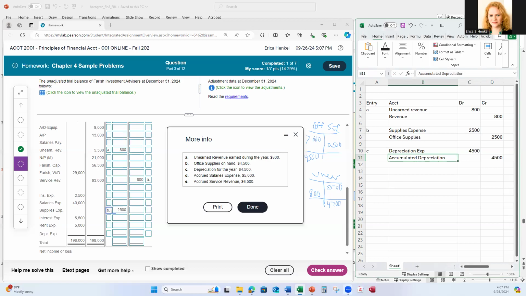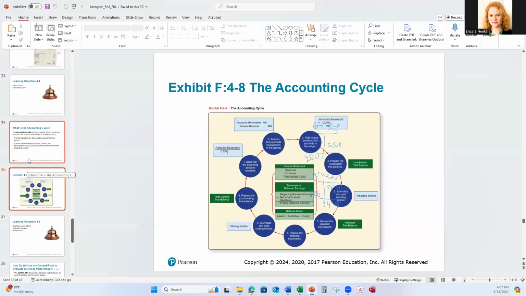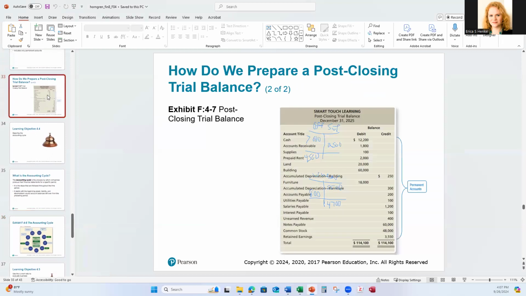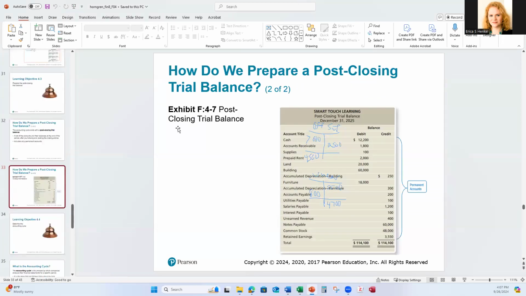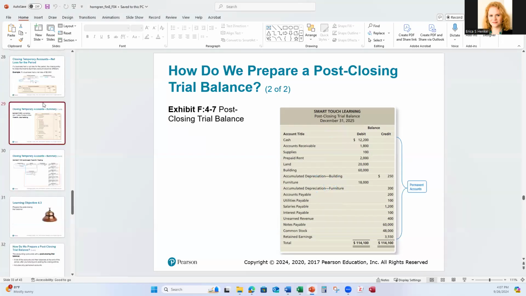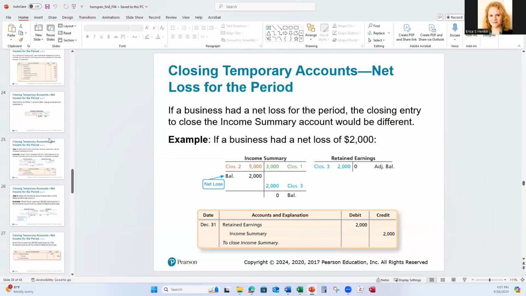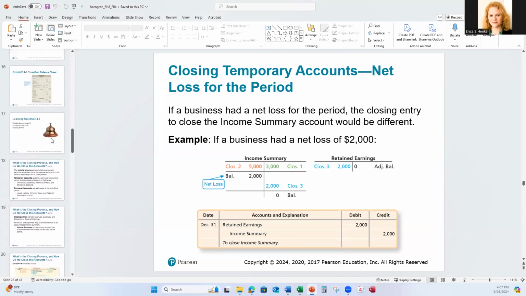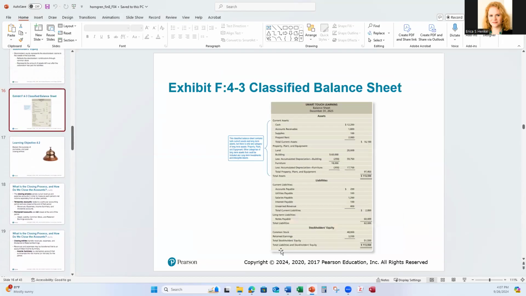Let me go back to my slides here for a second and find that. Let me clear my writing. See if I can find a classified balance sheet to show you here really quick. There we go. So on here, we show our buildings, less accumulated depreciation building here.